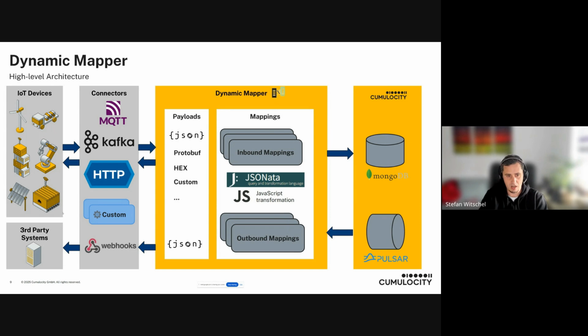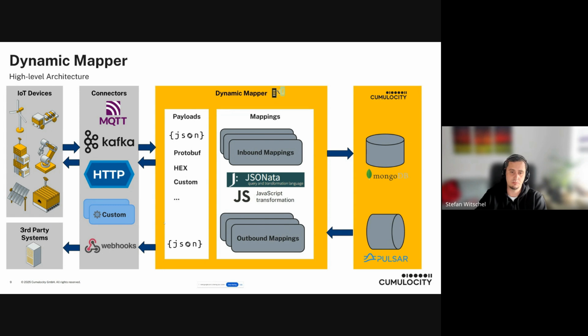So MQTT, Kafka, as I said, or some devices also speak HTTP or any other message broker format. And these we call connectors in the dynamic mapper approach. So we have a concept developed and an interface where you can define what a connector is, how to connect to this connector, how the connector is considered to be healthy, and so on. So this is all defined in an interface of the dynamic mapper.